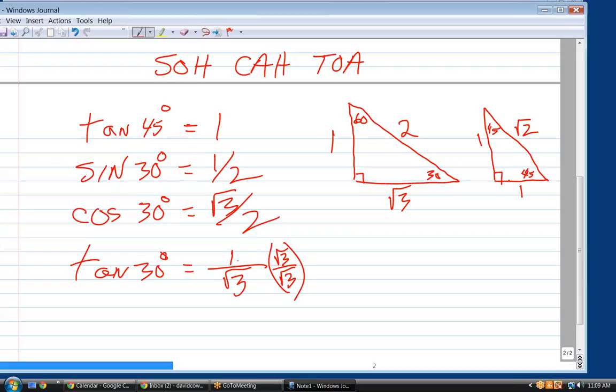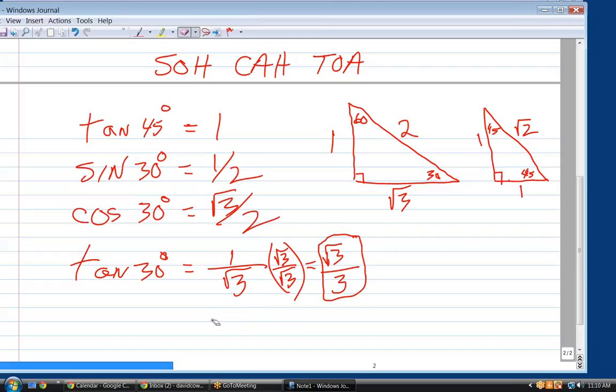In other words, I can multiply any fraction by the number 1 without changing its value. So you end up with the square root of 3 in the numerator, and now you have a rational number in the denominator. So this answer here is the preferred mathematical answer to this one here, even though if you were to put it into a calculator, you'd get the same exact number. You just don't want an irrational denominator.